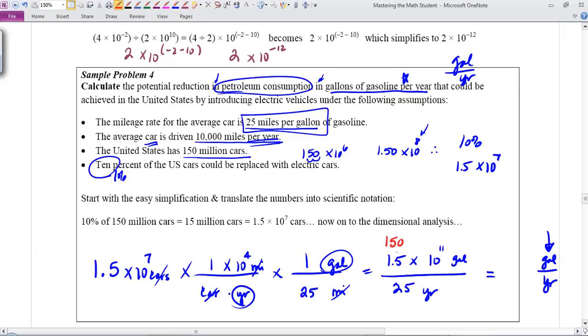But I want to make that 150. So I'm going to rewrite this 1.5 times 10 to the 11th as 150 times 10 to the 9th. So I took 100 off of that 10 to the 11th to multiply 1.5 by 100 to get 150. So again, I know that 150 divided by 25 is 6. So 6 times 10 to the 9th is my answer.